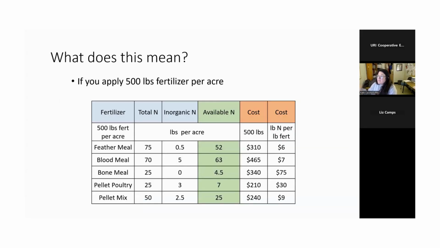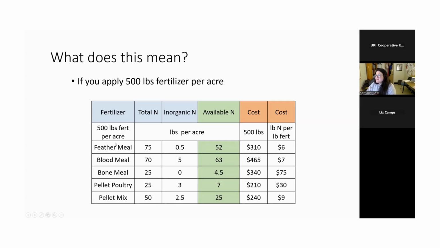Okay, so what does this mean? We know this mineralization rate. So if I were to apply 500 pounds of fertilizer per acre, how much am I actually getting? Here you can see the total nitrogen applied and the cost. What I want to show you with this figure is that just because a fertilizer is less expensive, if you're not getting as much nutrient from that, it might not be the best cost benefit analysis for you.